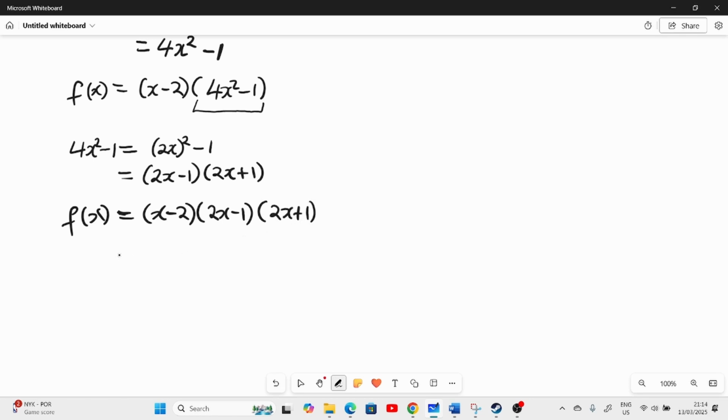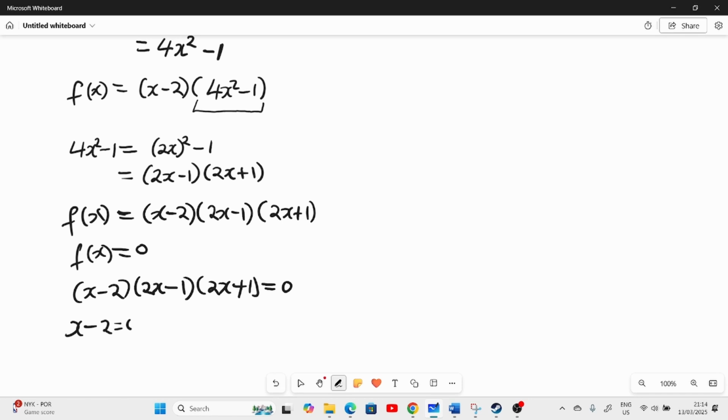To find the roots, f of x has to be equal to 0. So we should have x minus 2, 2x minus 1, and 2x plus 1 equal to 0. Then equating each factor to 0, we have x minus 2 equal to 0, 2x minus 1 equal to 0, and 2x plus 1 equal to 0.